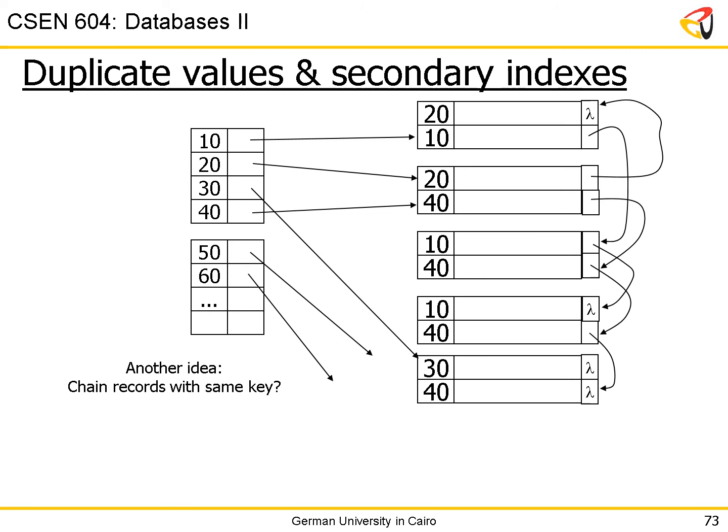It's only visible to the database. We will add a reference to where the next 10 is, and that's what you see here. And then from there is a reference to the third 10. And in the third 10, there is a null, where it says there is no reference, because there are no more 10s.